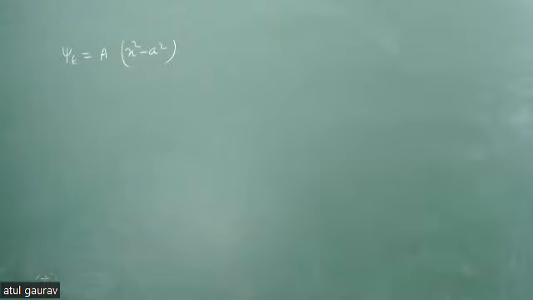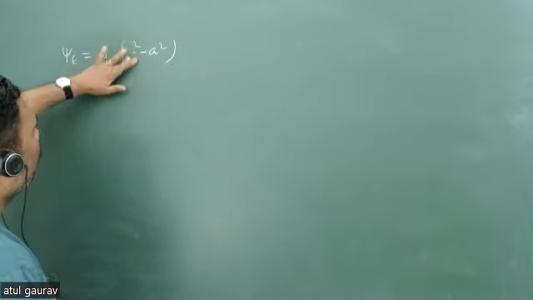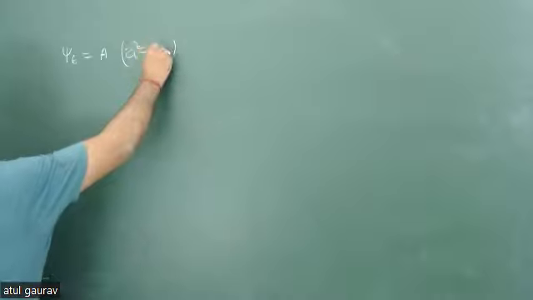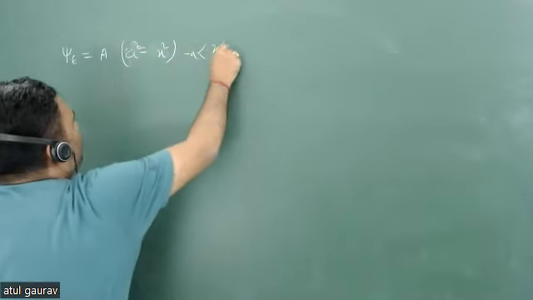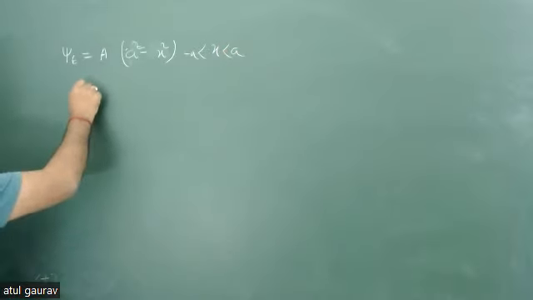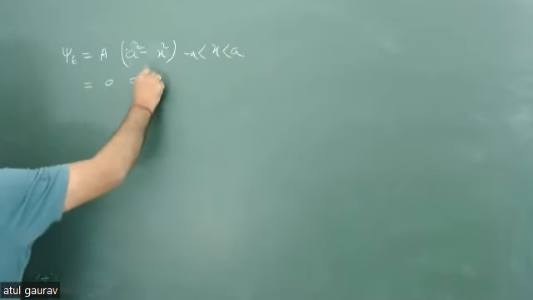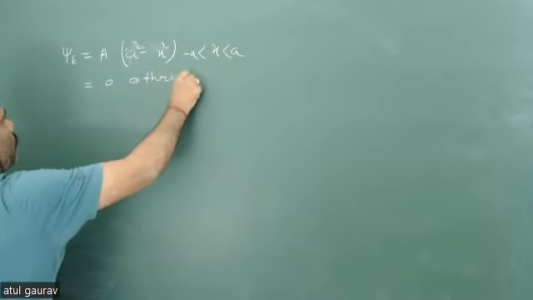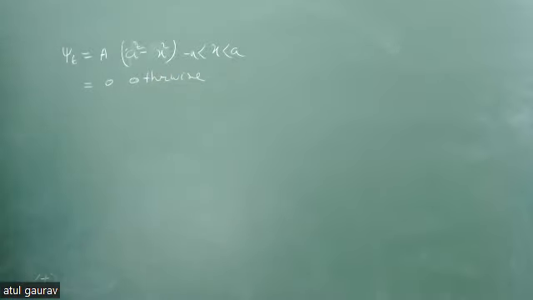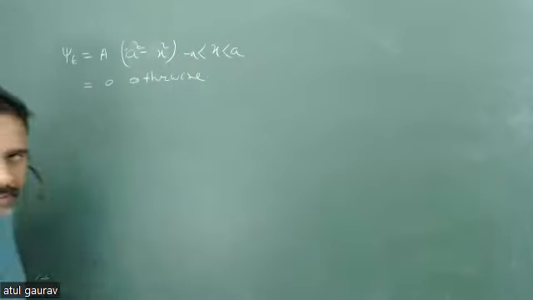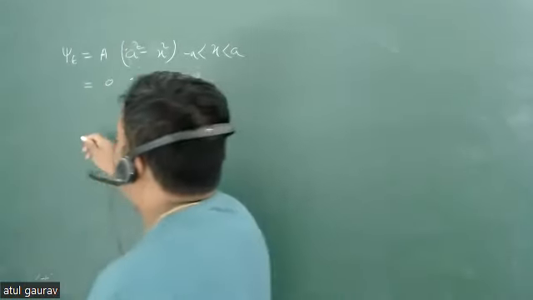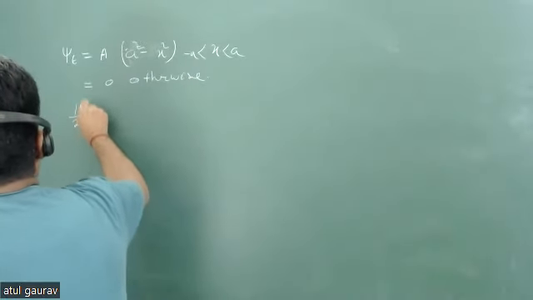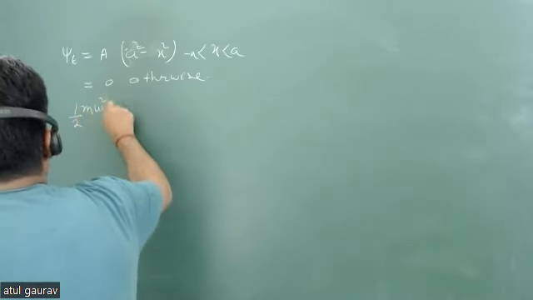Sorry, this is a square minus x square, where x is between minus a and plus a, and 0 otherwise. So what you have to do is use the variational method and find the energy for the harmonic oscillator. Suppose this is the trial wave function for the harmonic oscillator.